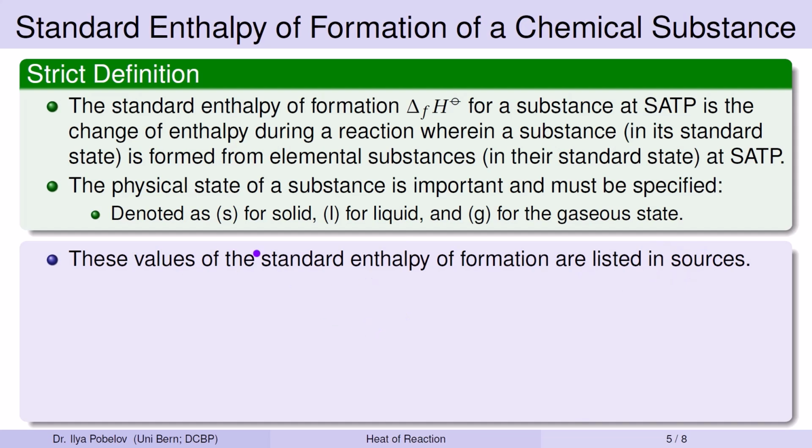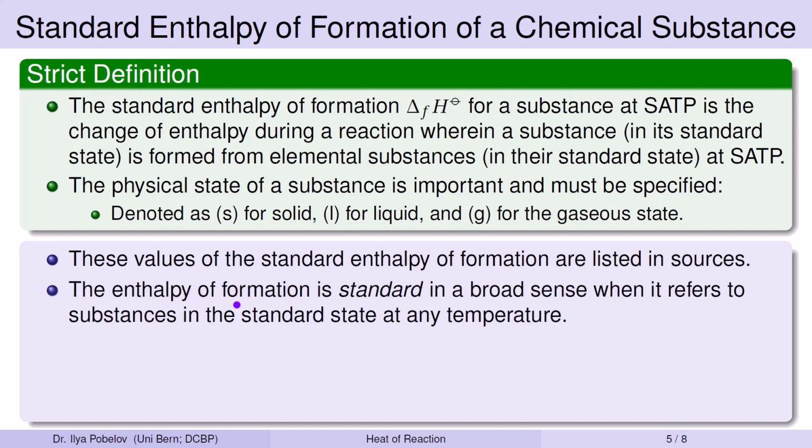The term standard can also be applied in a broader sense. The enthalpy of formation can be regarded as standard when it refers to substances in their standard states, irrespectively of the temperature.